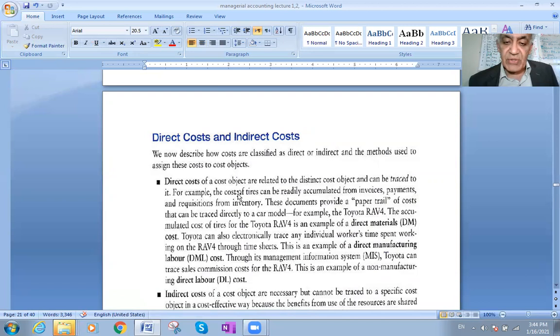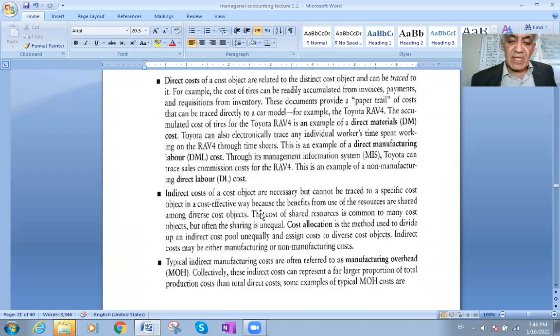For example, the cost of tires can be readily accumulated from invoices, payments, and the inventory records.